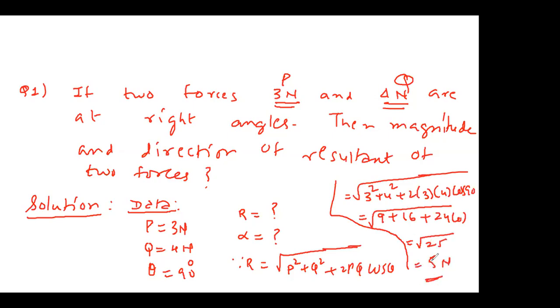Clear? Copy this sum. P is 3 Newton, Q is 4 Newton, theta is 90 degrees, R and alpha we want.